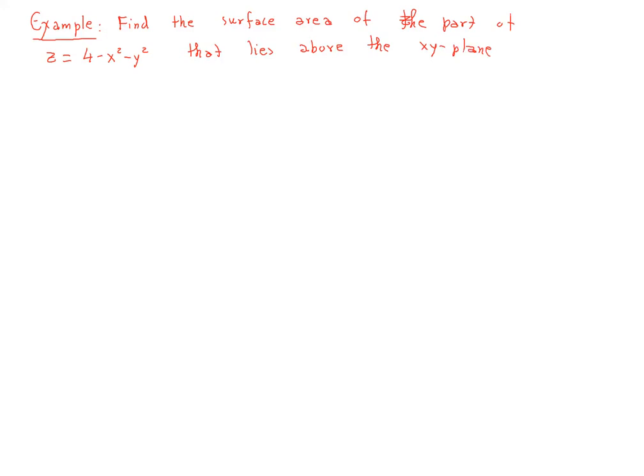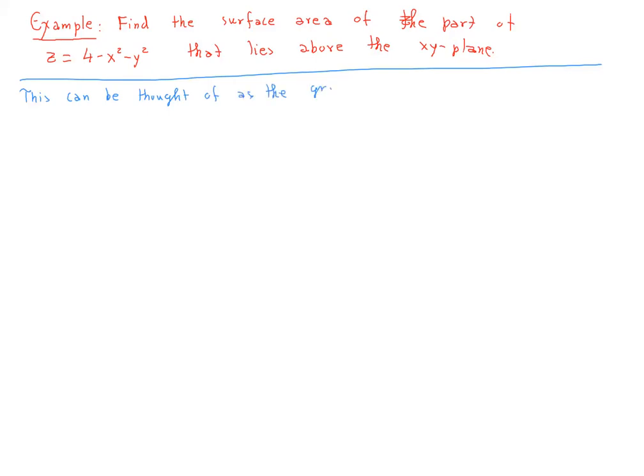So here we should notice that this is already given as a graph. So this can be thought of as the graph of f of x, y equals 4 minus x squared minus y squared over the set of all x, y.